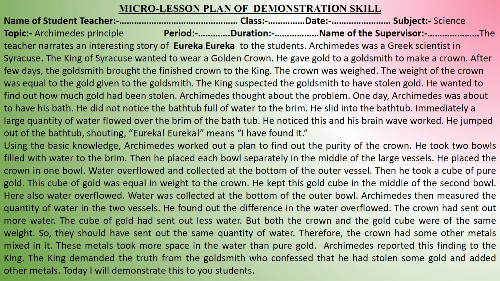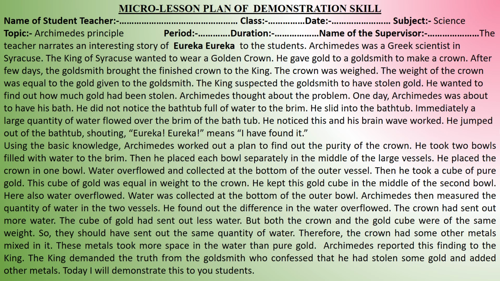After a few days, the goldsmith brought the finished crown to the king. The crown was weighed. The weight of the crown was equal to the gold given to the goldsmith. The king suspected the goldsmith to have stolen gold. He wanted to find out how much gold had been stolen. Archimedes thought about the problem.